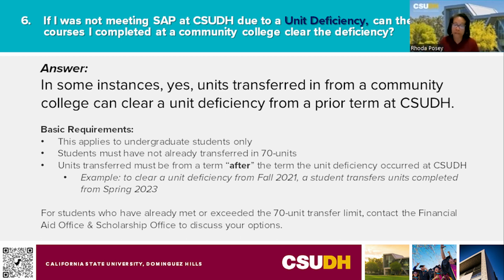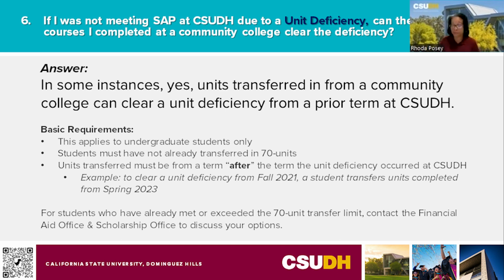I'm giving you an example of that. So let's say the unit deficiency was from fall 2021. To clear a unit deficiency from fall 2021, a student transfers in units that were completed for this semester, spring 2023. That's cool, because the units were completed after the student actually had their deficiency with our office.